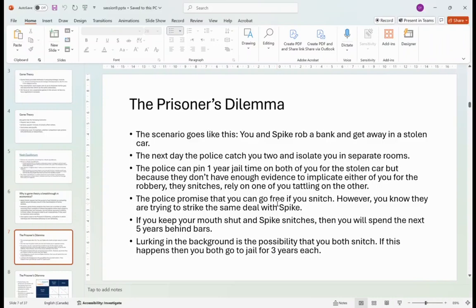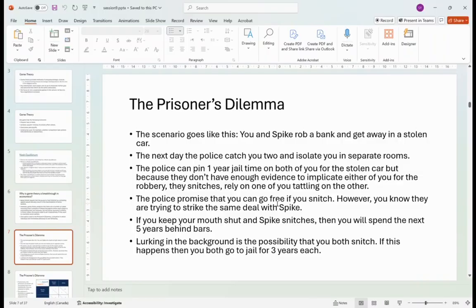So what is each robber thinking? If I keep my mouth shut, then both of us would go to jail for at most 1 year. But what if I keep my mouth shut, but the other robber is snitching on me?